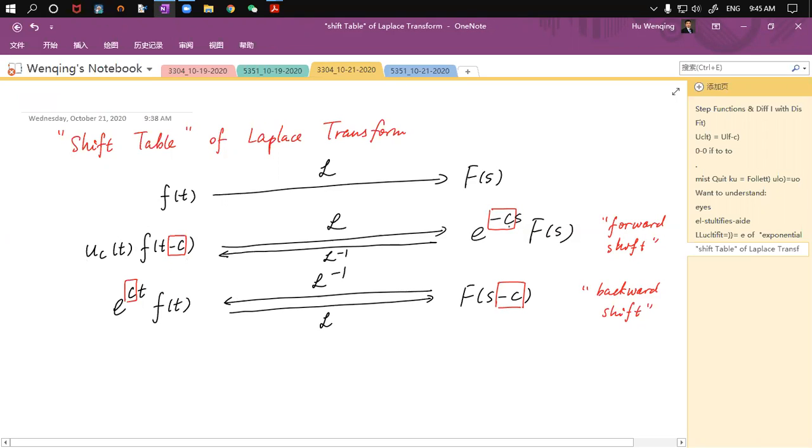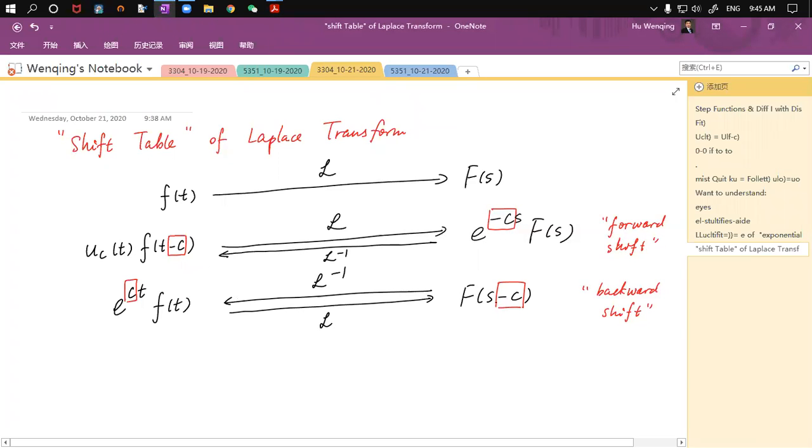But sometimes we are going to compute inverse Laplace transforms. If you see an exponential shift on the right-hand side, then it's going to be the ordinary shift on the left-hand side. But you might also see an ordinary shift on the right-hand side, which means it's an exponential shift on the left-hand side. If you want to eliminate an exponential, you have to use this table backwards.